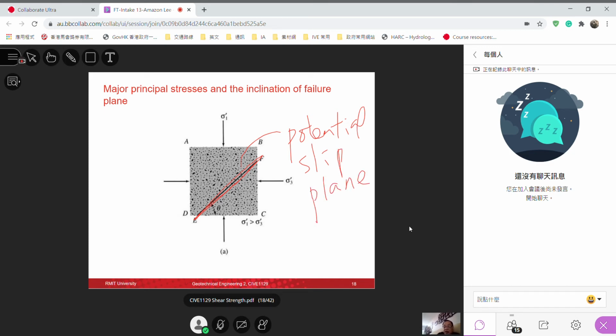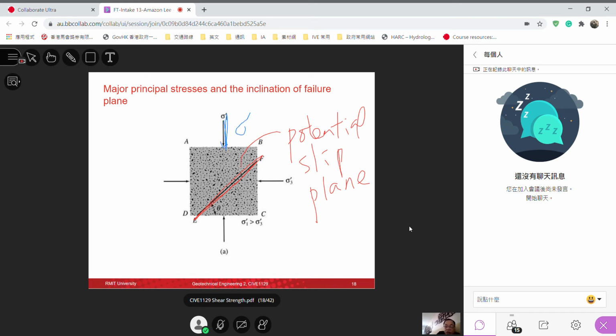If you remember your mechanics of materials, if we plot the stress element, we assume the major principal stress is in the vertical direction.